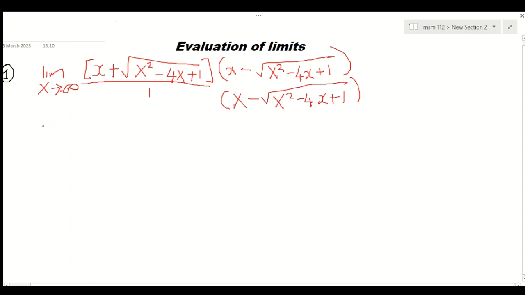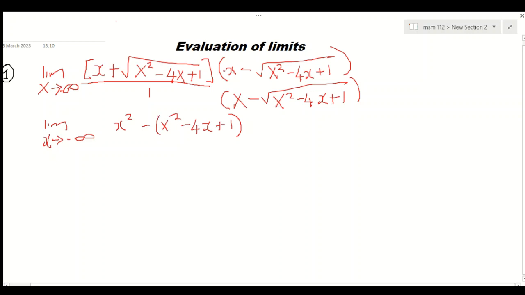If you work this out, you'll find this will be equal to the limit as x approaches negative infinity of x squared minus x squared minus 4x plus 1. You know where this has come from.